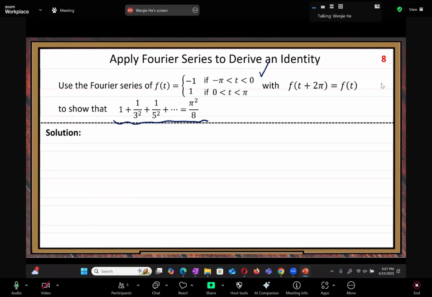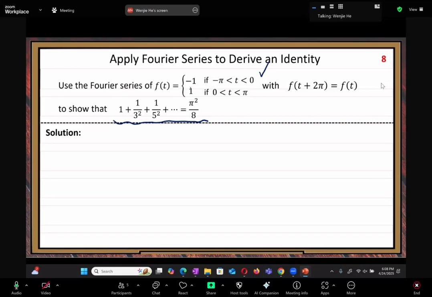Here it is an odd function, because on the left-hand side of the y-axis the value is -1 and on the positive side it is 1, just the opposite sign.